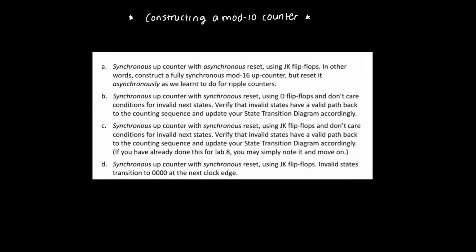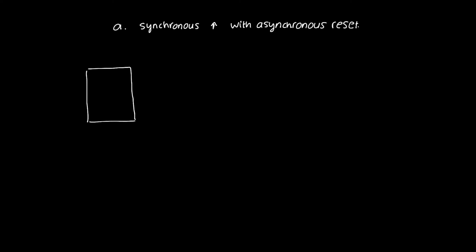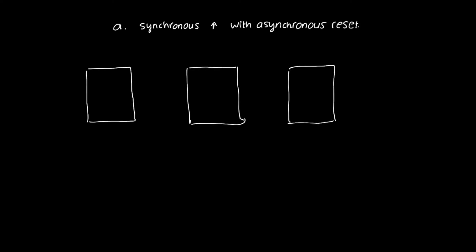That's the technique I'm asking for here in A. Our strategy was to build the mod 16 up counter and just perform that asynchronous reset. That's what we're doing here, except that our mod 16 counter is going to be fully synchronous.